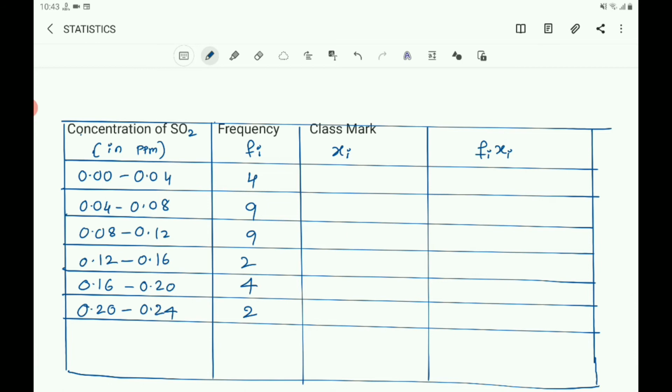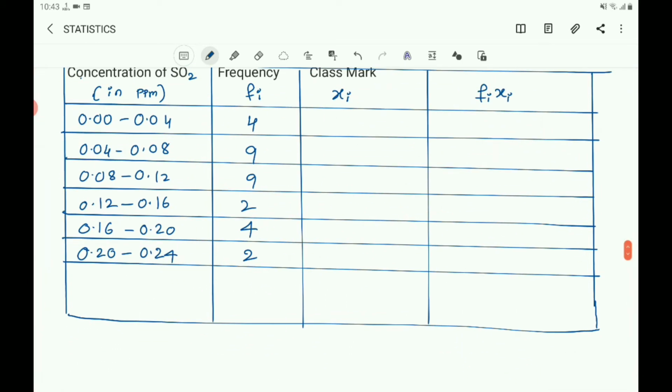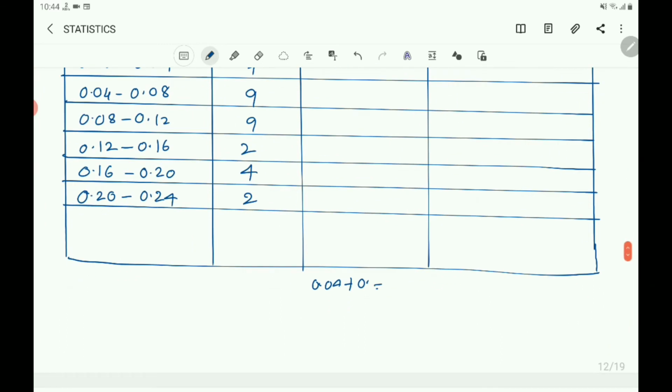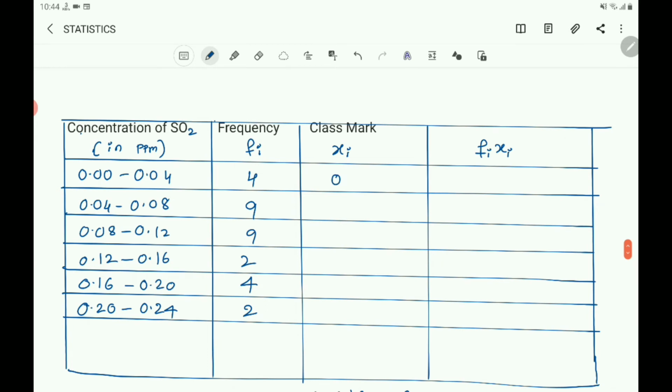So you take the class mark of the first class, that is 0.04 plus 0.0 divided by 2, you will get 0.02. So the first class mark is 0.02.